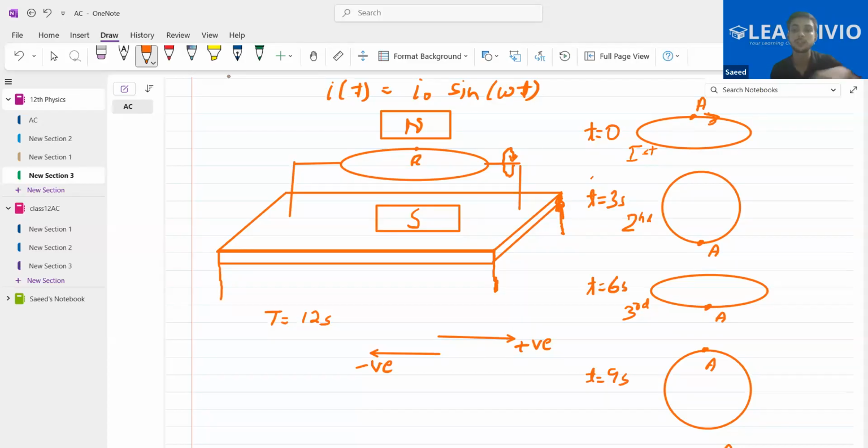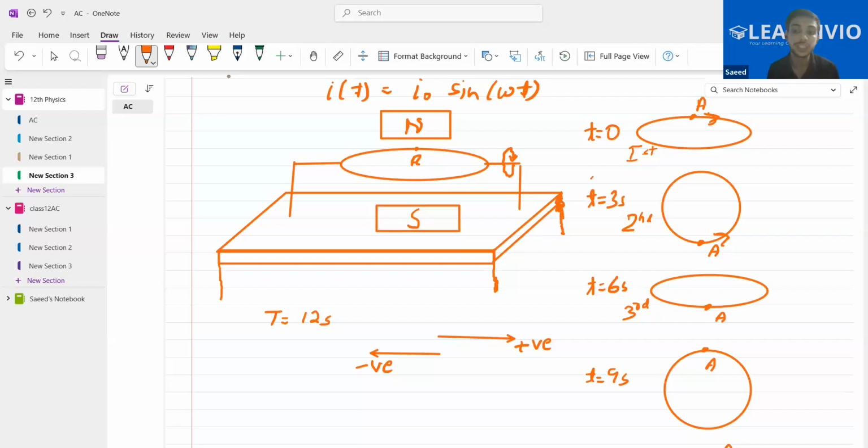How much magnetic field was entering inside the loop? There was zero, because none of the magnetic field was entering inside the loop. So as the loop's area increases slowly, it will try to induce the current in this direction, so that it should nullify the increasing magnetic field. Yes or no?